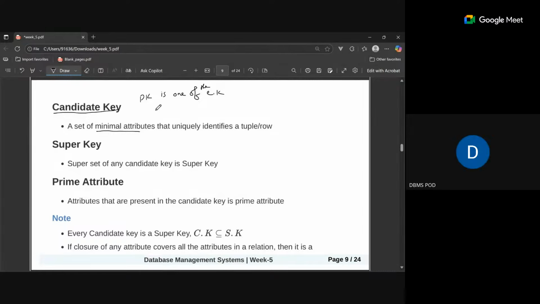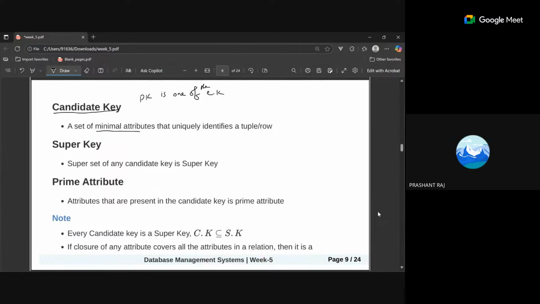We are picking the primary key from one of the candidates. All those attributes which satisfy the qualities of a primary key are called candidate keys. You can choose any one of them to be the primary key. It depends upon the design and the requirements of the application. There is no specific rule that you have to pick this candidate key as the primary key.